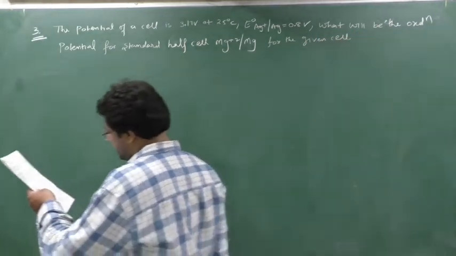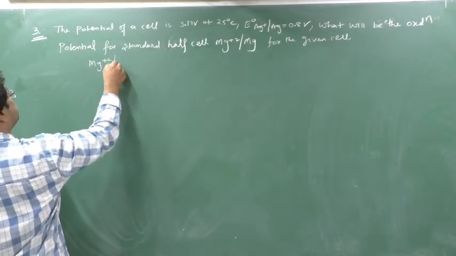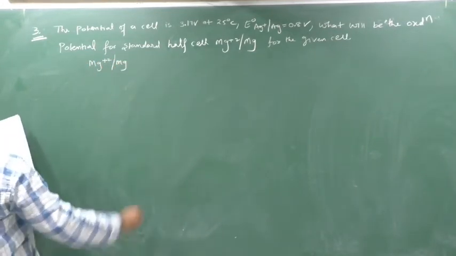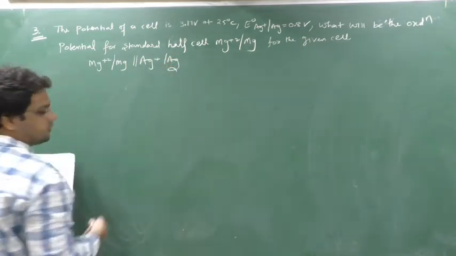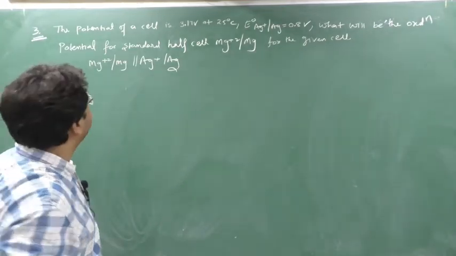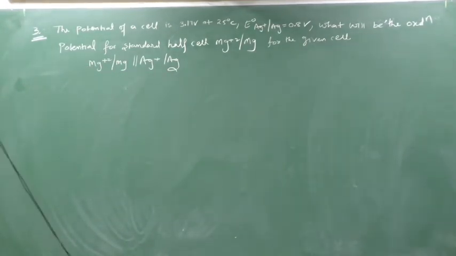In the cell they have given Mg plus 2 slash Mg, salt bridge, Ag plus slash Ag. So from here you have to determine the value of Mg plus 2, yes or no?